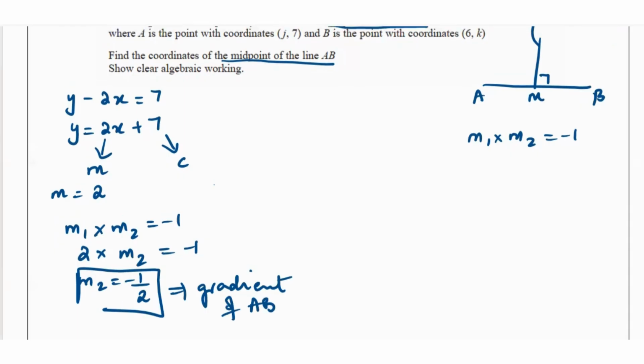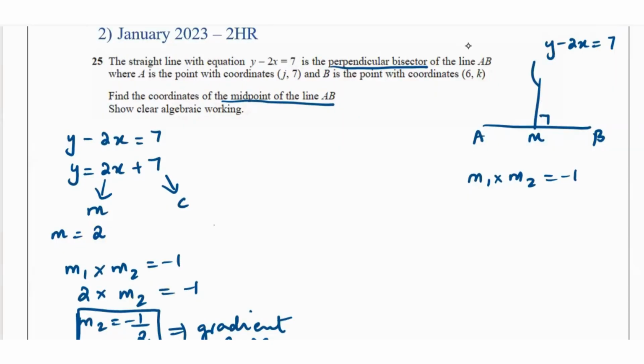Now, they said that A is the point with coordinates (j, 7) and B is the point with coordinates (6, k). So what we can do is we can create an equation for the gradient of the line AB, and then we can create another equation using the midpoint, and then solve those two simultaneously to figure out what the values of j and k are.